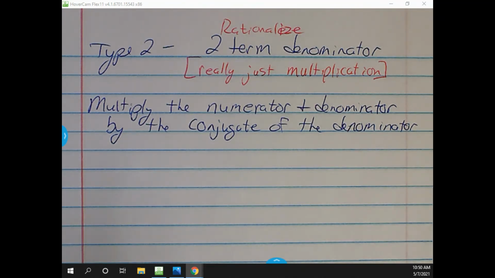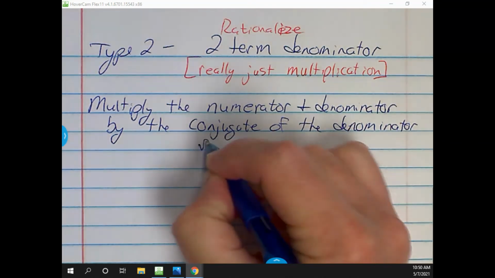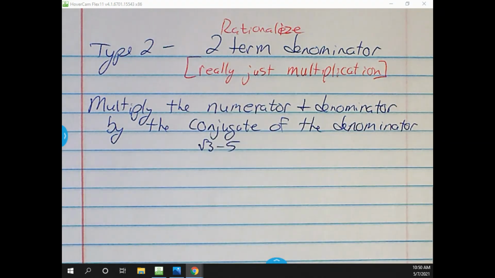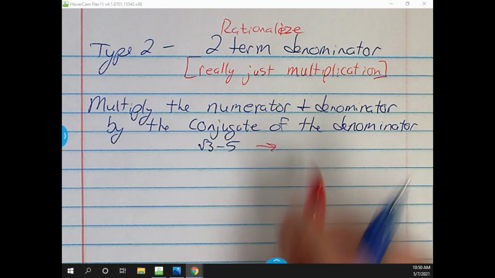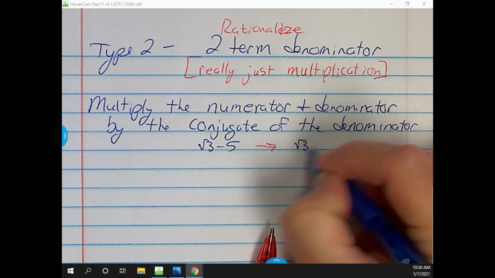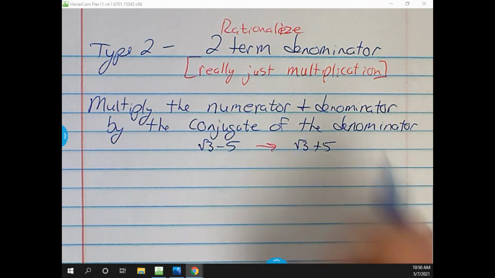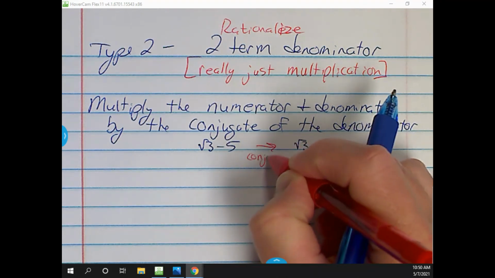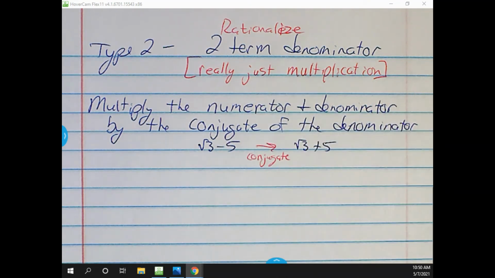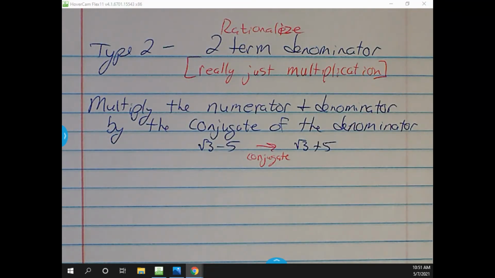If you have square root of 3 minus 5, then the conjugate of that becomes square root of 3 plus 5. So to get the conjugate, that's all you do. Just change the sign of the middle number that's in between both of the terms, and then you multiply by that one.